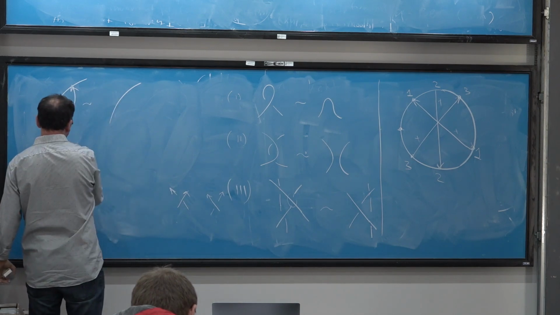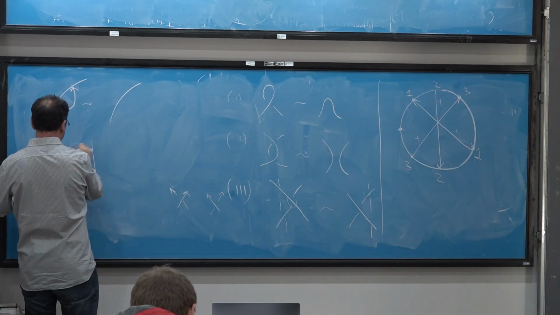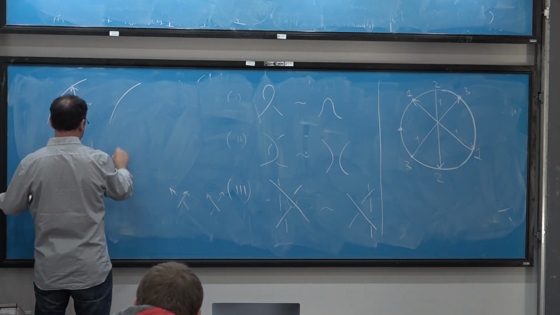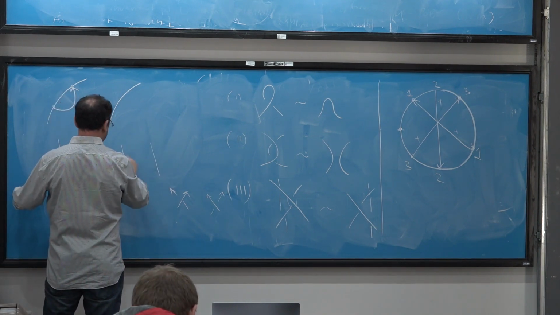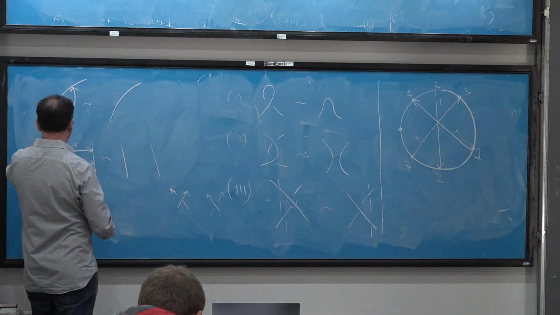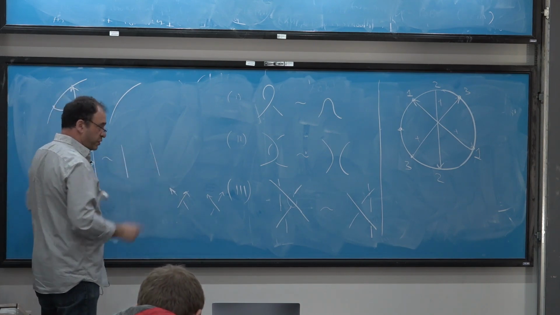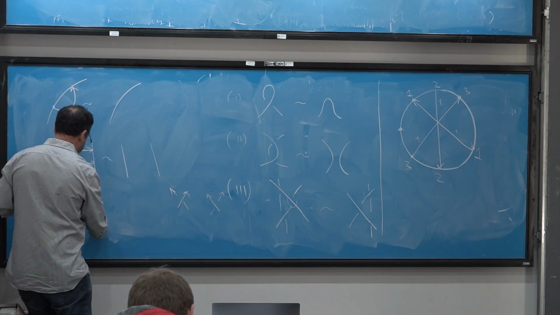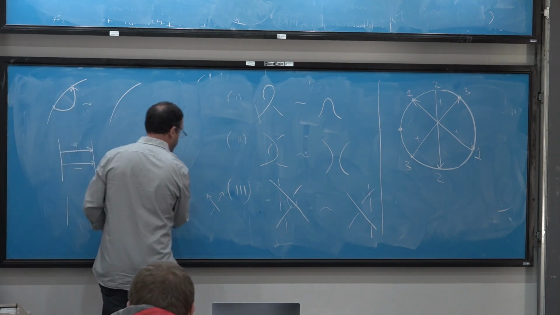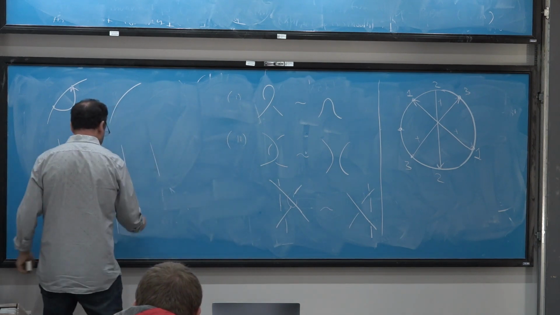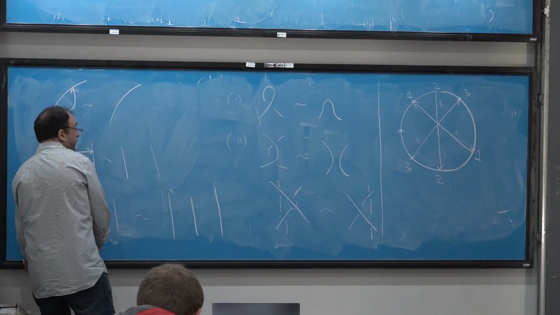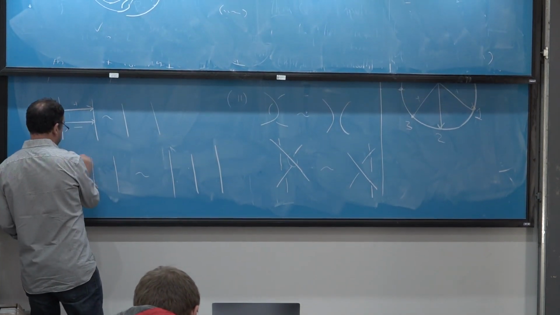The second Reidemeister move is something like this. Plus, minus, this is the same as nothing. And these are just two parts of the knot, of this circle. And the third Reidemeister move is also not too difficult to draw. It involves three segments of the knot. So you have something like this.